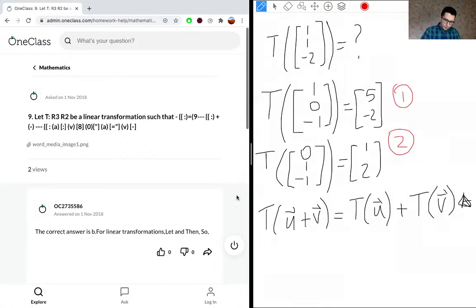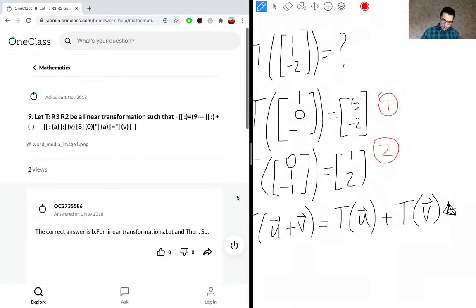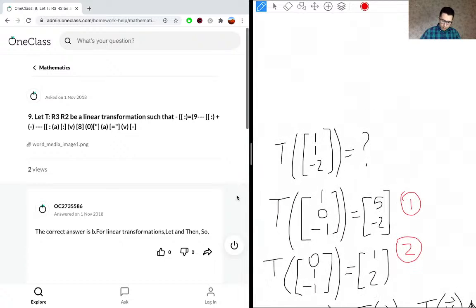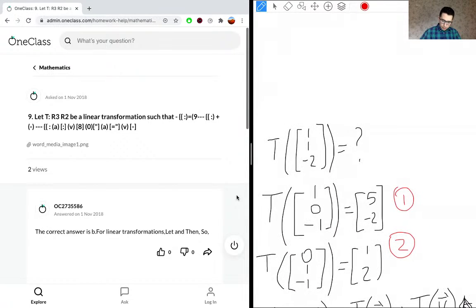Okay, so let's write out the following. Let's pull this down a little bit, and we can say that this transformation, we can split it up into two vectors. So we'll have (1, 0, -1) plus (0, 1, -1).